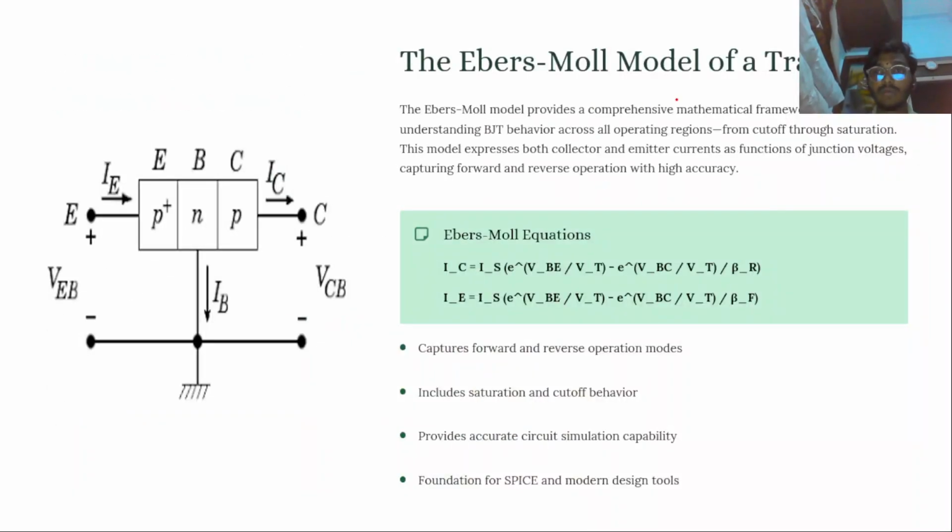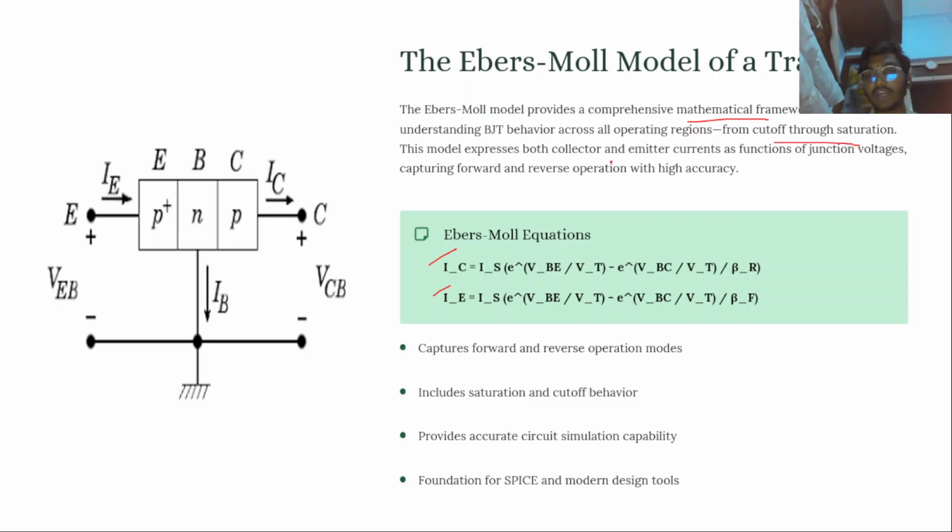Next, the Ebers-Moll model of a transistor. The Ebers-Moll model is a mathematical model for understanding the transistor in all operating regions. There are two equations, the collector current and the emitter current. The Ebers-Moll model provides a mathematical framework for understanding BJT behavior across all operation regions, from cutoff region through active region to saturation region.